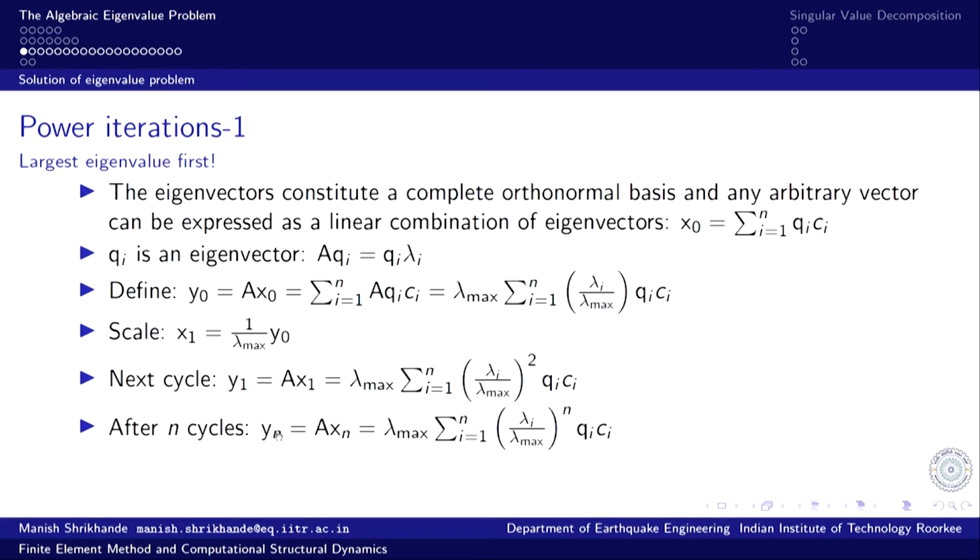And after n number of cycles, the vector y n will be A times x n, and that will be equal to an expansion in which each term is scaled by the factor lambda i by lambda max raised to the power n. And since each of these terms except for lambda max will be less than unity by definition, because lambda max is numerically the maximum value, this weighting coefficient is always going to be a fractional number.